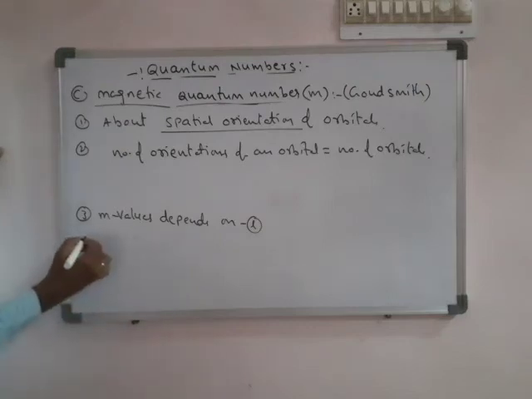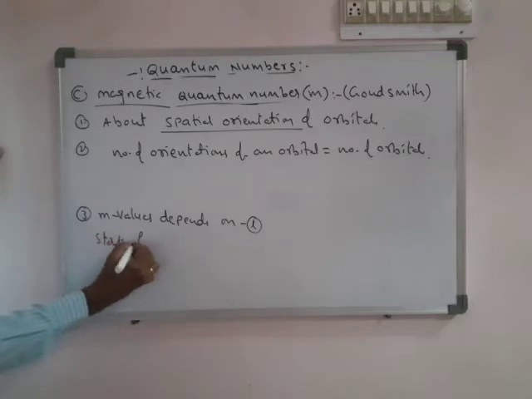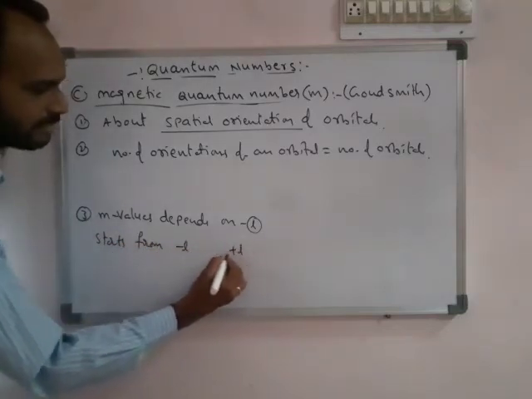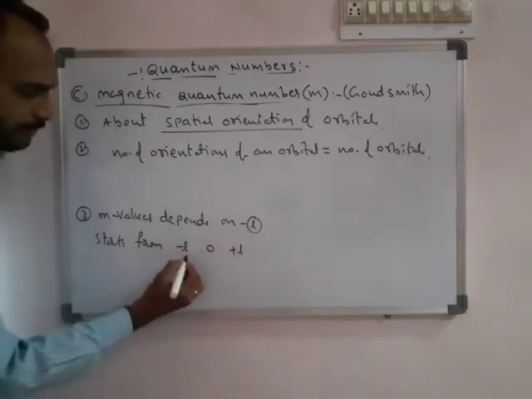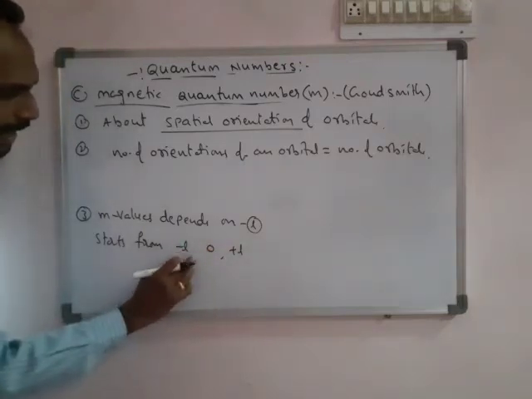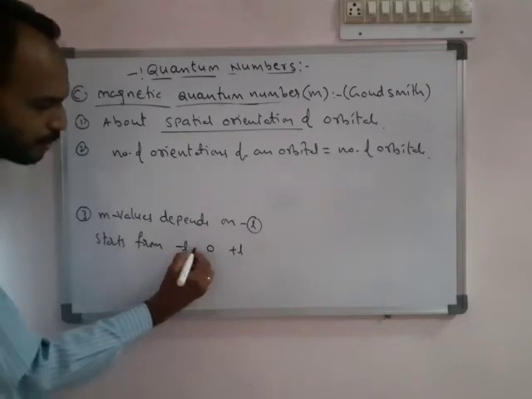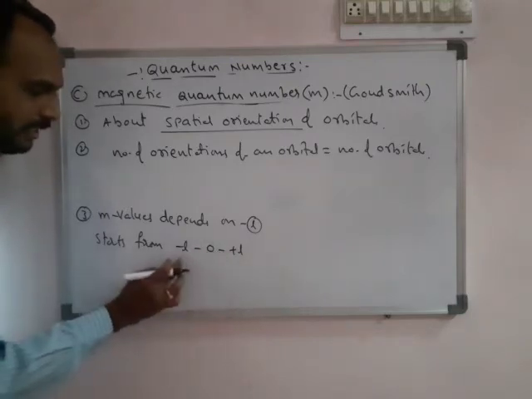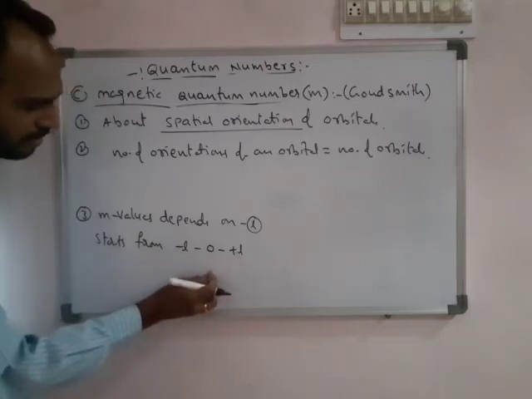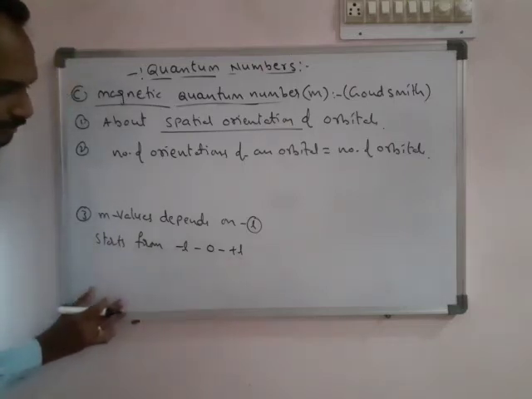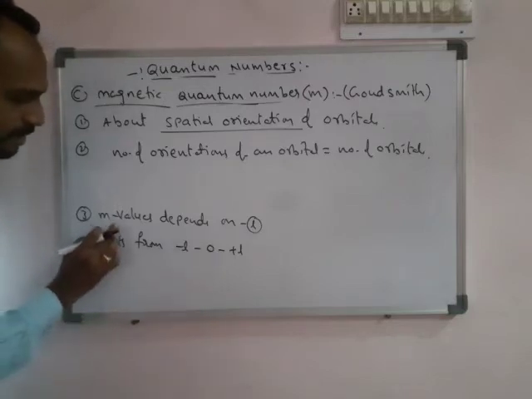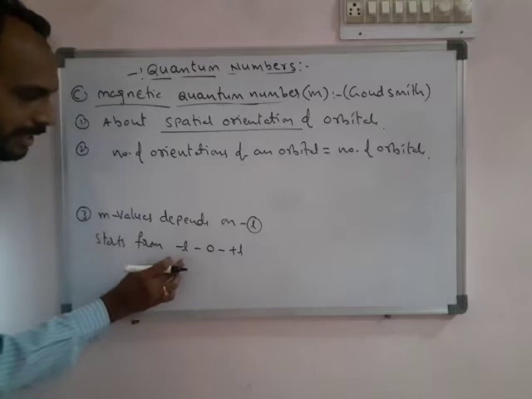The value starts from minus l and ends with plus l, including 0. Minus l to 0 and to plus l. All values present between these come under m values. We already know l depends on n, so m depends on n and also on l.